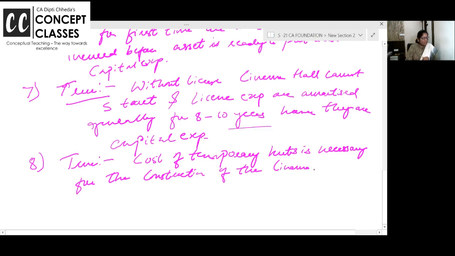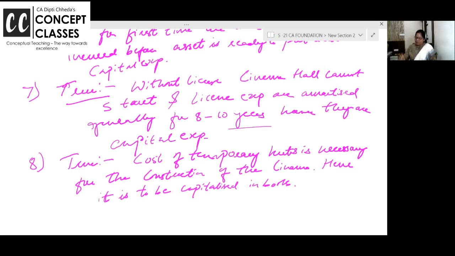Hence, it is to be capitalized in the books. Because without this, you cannot do. Cost of temporary huts is necessary.